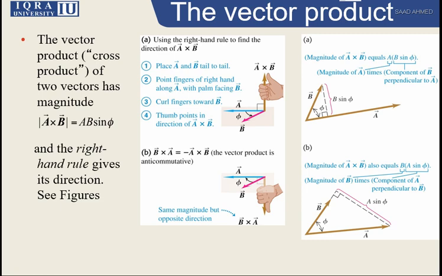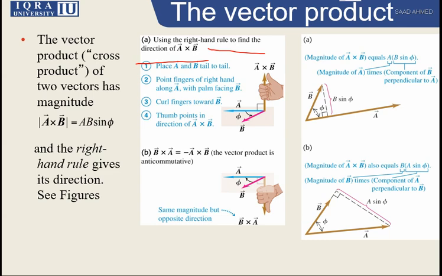The vector product, the cross product of two vectors, has a magnitude, and we use the right hand rule to find the direction of A cross B. Before this we were discussing the scalar product, that is the dot product. Now we are discussing the vector product and the right hand rule.